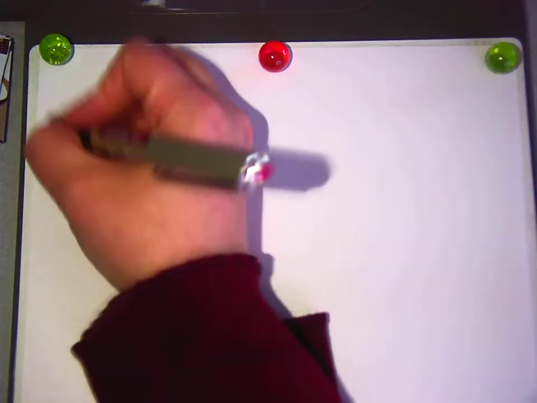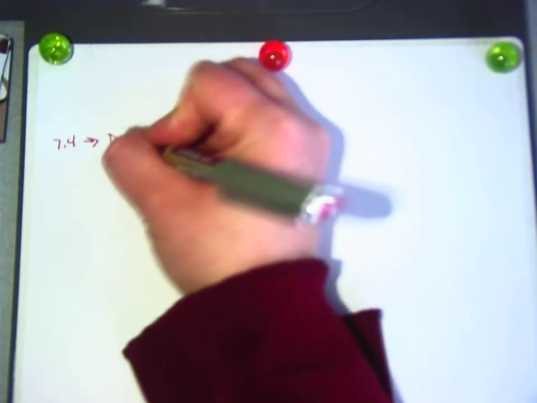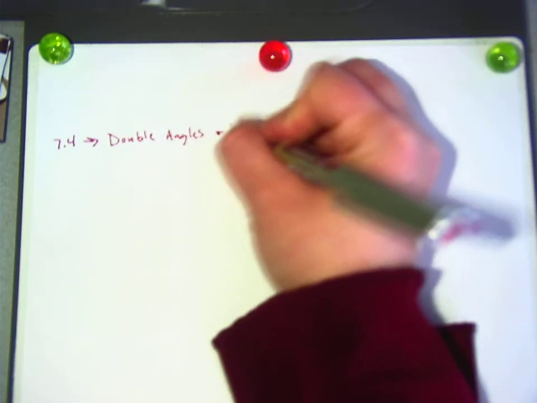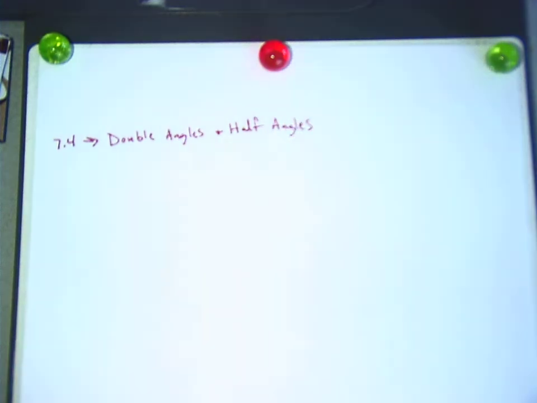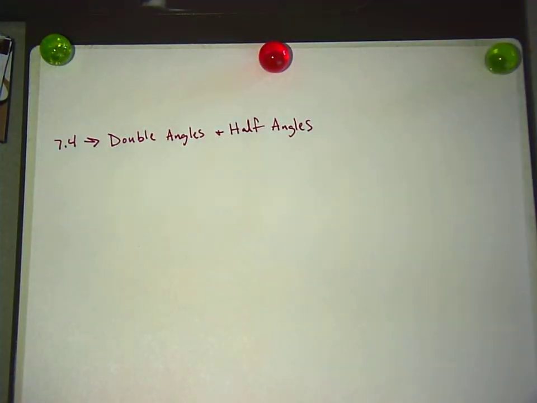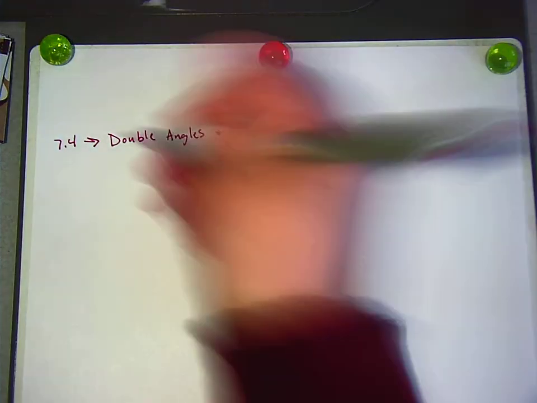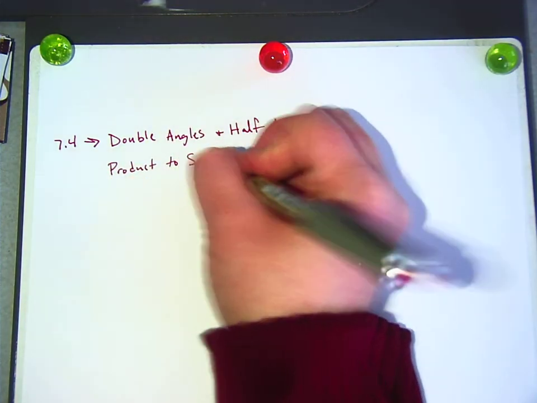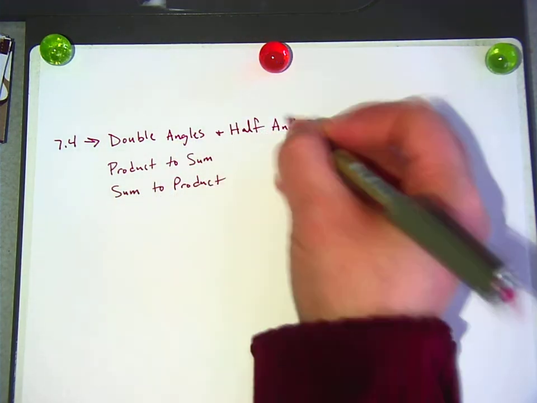I think at least one of them was over 1 day, maybe 2 days. 7.4, I think, had 2 days to it. These are the double angles, and the half angles. Product to sum, and sum to product. Possibly some proofs with these.